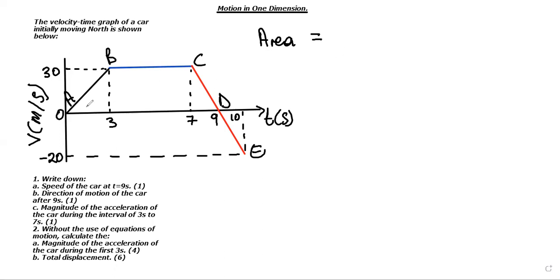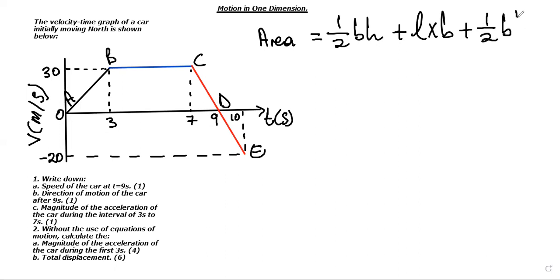How do we find the area of that region? Well, it's a right-angled triangle, so it's half base by height. But for the part BC, it's a rectangle, so you say length by breadth. For the part CD, it's a right-angled triangle, so you say half base by height. And then DE, it's a right-angled triangle, but it's below the time axis. So the area has to be negative.